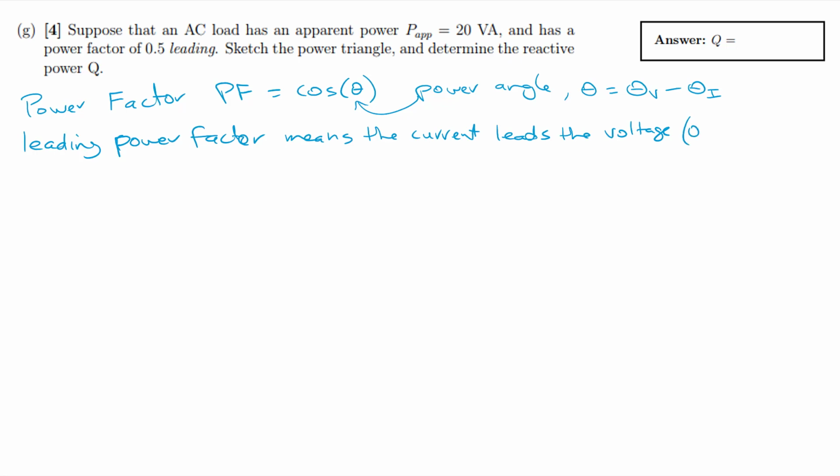So theta I is going to be greater than theta V, because current is leading. Then that means that theta is less than 0. So theta is negative when we have a leading power factor.